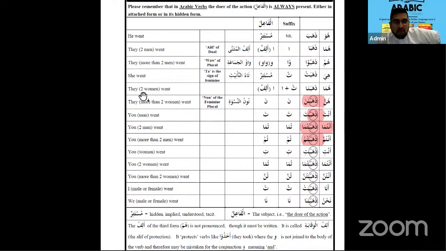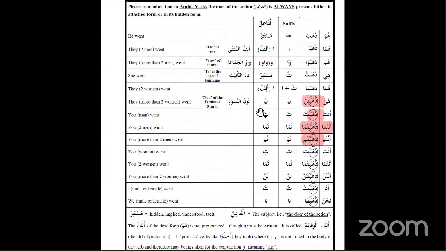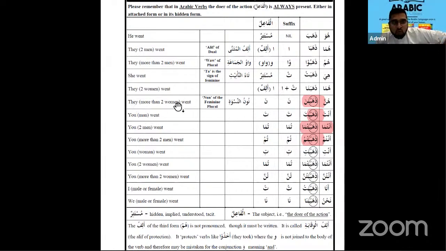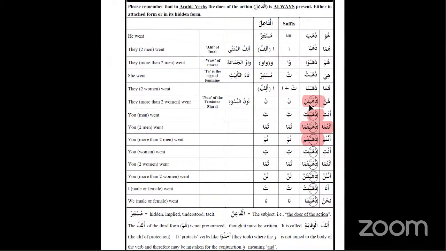And when we want to say "they both females went," we add a ta and an alif together, and it becomes dhahabata. And when we want to say "they all females went," we add a noon with a fatha, and before the noon with a fatha, the last letter of the three-letter verb has a sukoon, dhahabna, ذهبن.